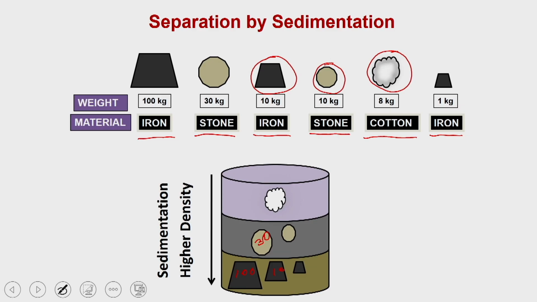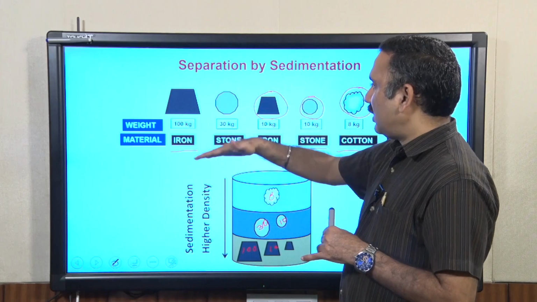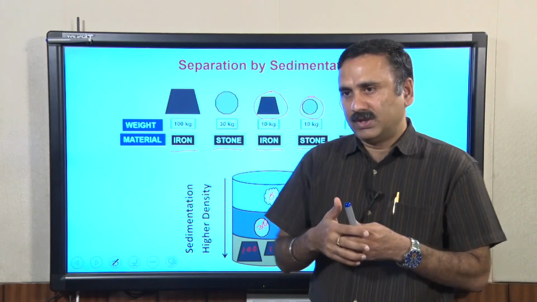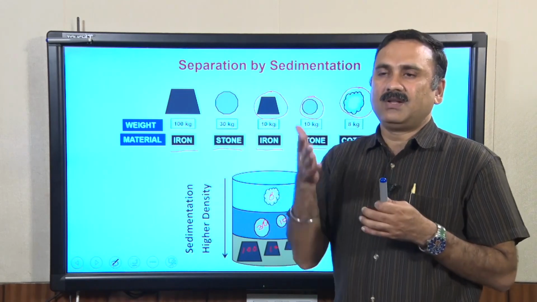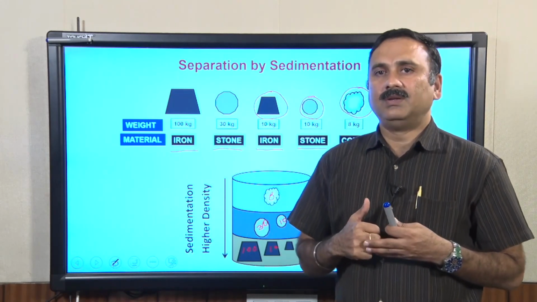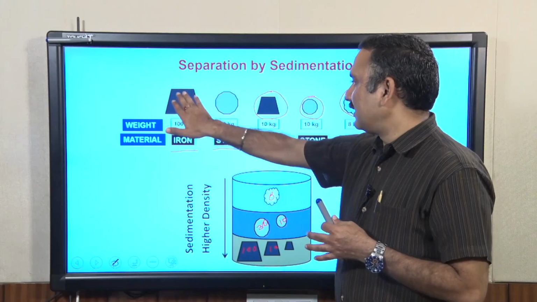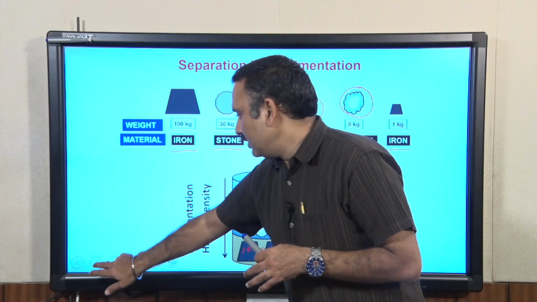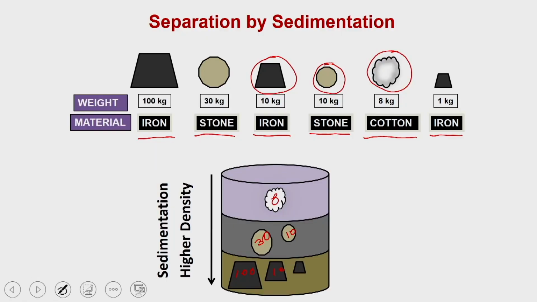Next, you will have the pelleting of the 10 kg stone. At the end, the 8 kg cotton is going to settle down, which means it not only depends on the molecular weight or the density, it depends on both. It depends on the size, the density and the actual weight of that particular object. So, you can exploit these properties.